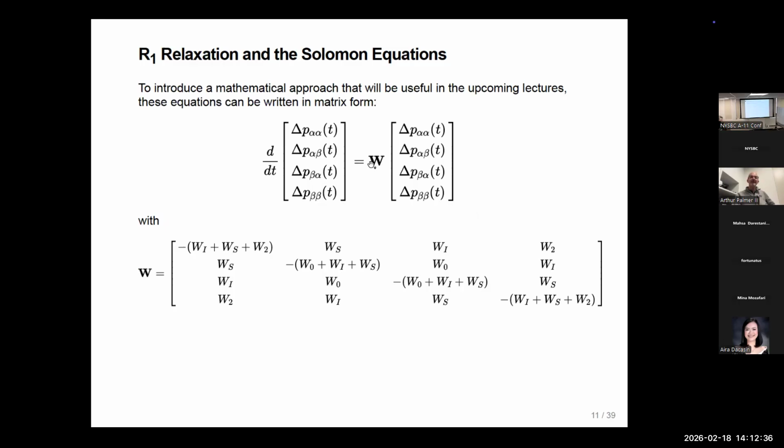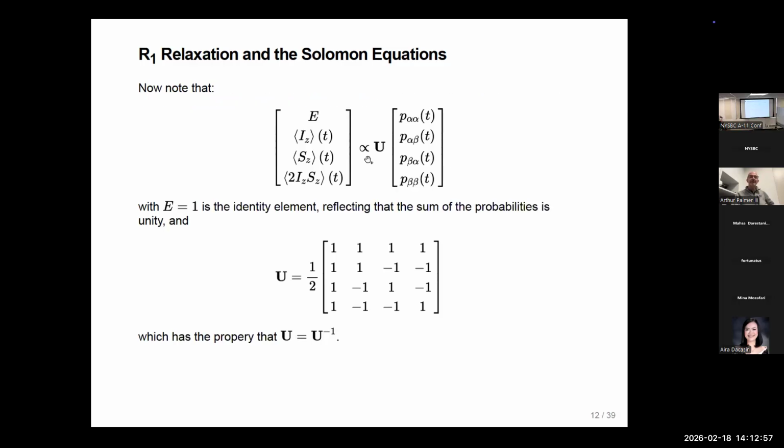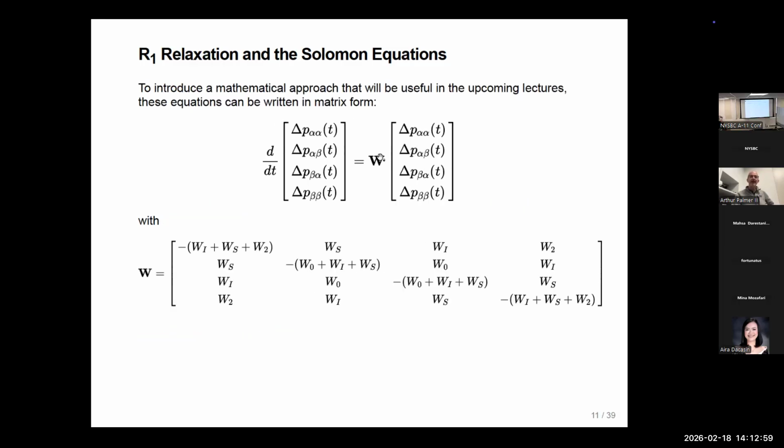But then over here, I have U times W. I have to multiply both sides. And to get that to something I know, I insert between the W and the column vector U minus 1 times U, because that's the identity. I can always insert the identity. And then I have U, W, U minus 1, and U times the column are just my magnetizations.